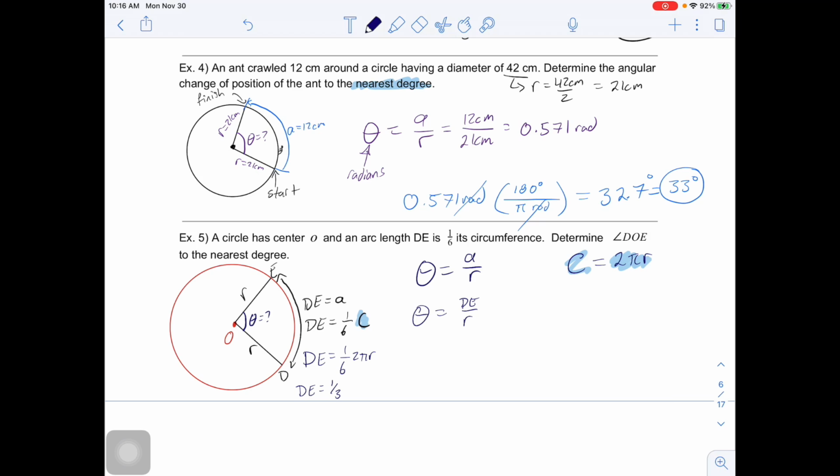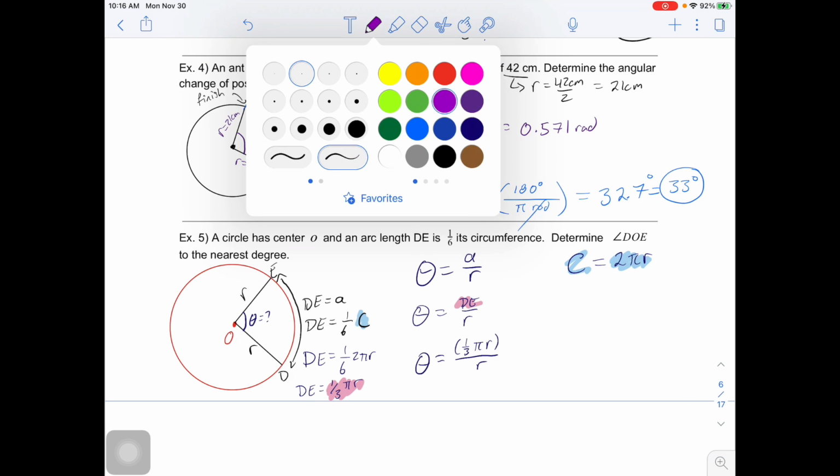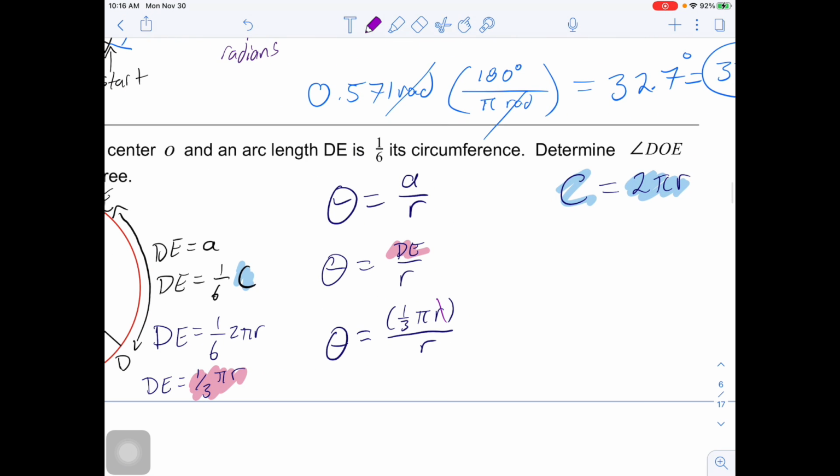So this will be 1 over 3 pi r. And now I have my arc length in terms of r, so I can replace it in for DE. And my r values are going to nicely cancel out. So this will become 1 over 3 pi r over r. And as you can hopefully see, our r values nicely cancel, and you're left with pi over 3 equals our angle.